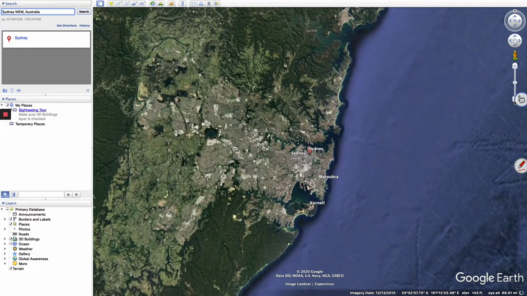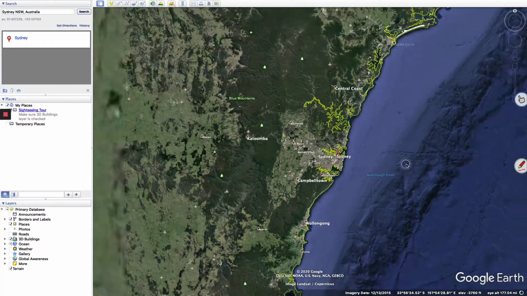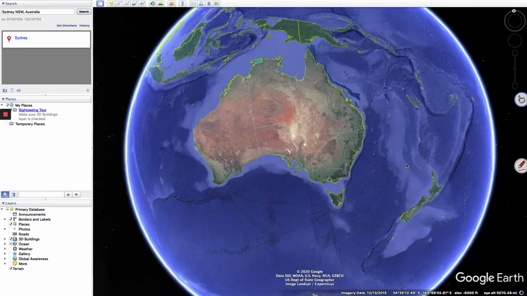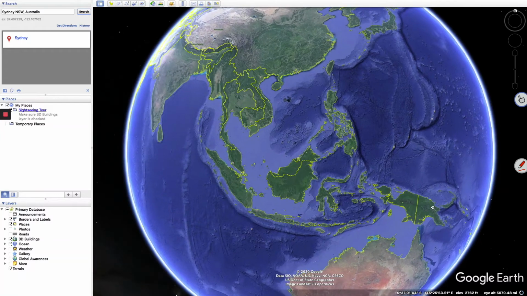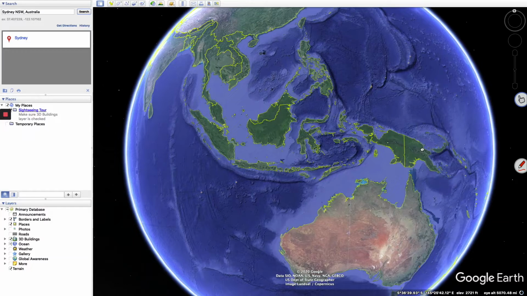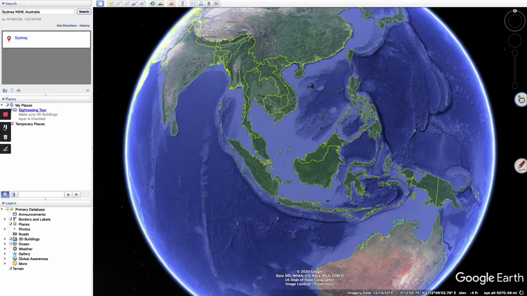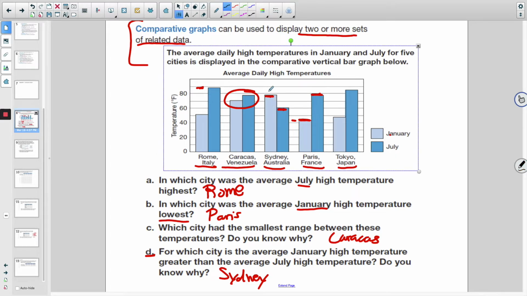I'll zoom out a little bit. Sydney, Australia is in the southern hemisphere. In the southern hemisphere, the seasons are flipped, where the winter would be like our summer, and our summer would be like their winter. So that would be why the average temperature is higher in January than in July.